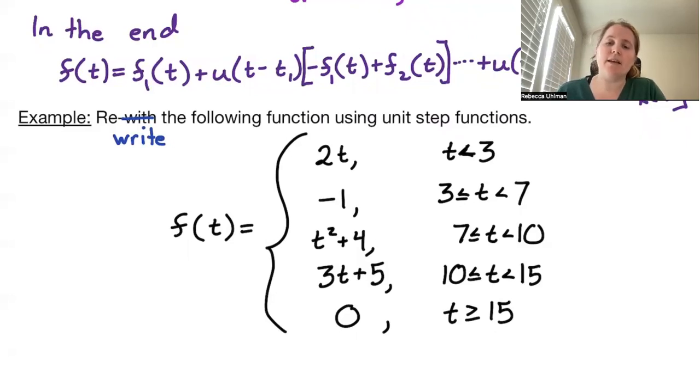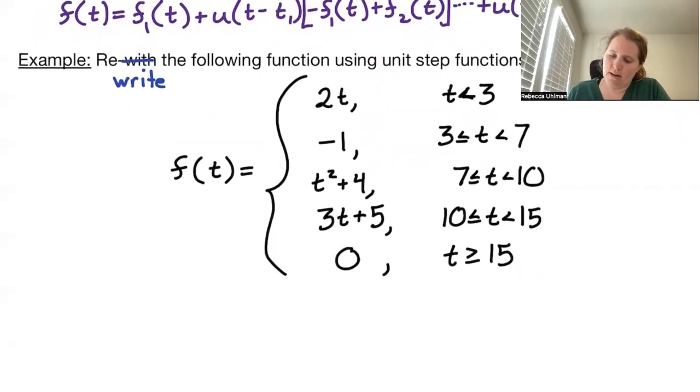Then it switches to -1 for 3 less than or equal to t less than 7. After which it switches to t squared plus 4 for 7 less than or equal to t less than 10. Then it becomes 3t plus 5 for 10 less than or equal to t less than 15. And then finally, it's 0 for t greater than or equal to 15.